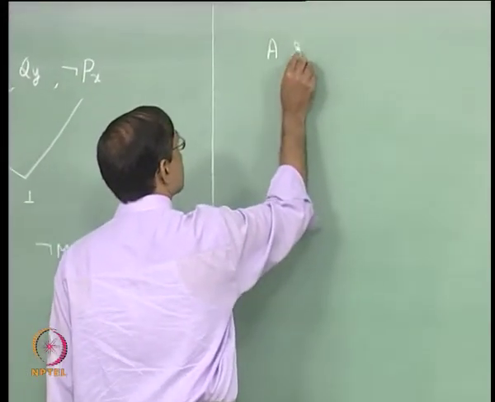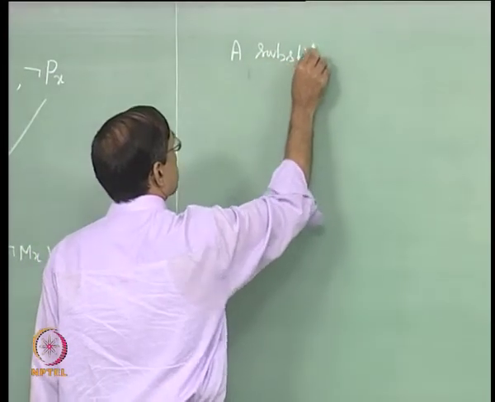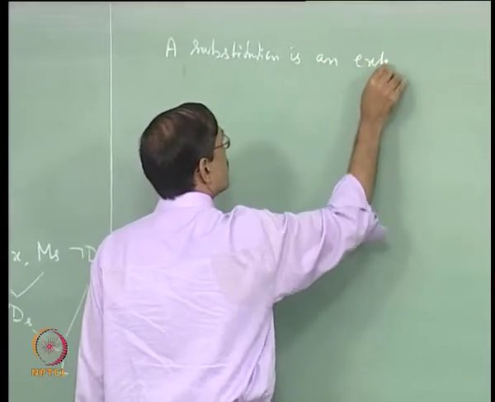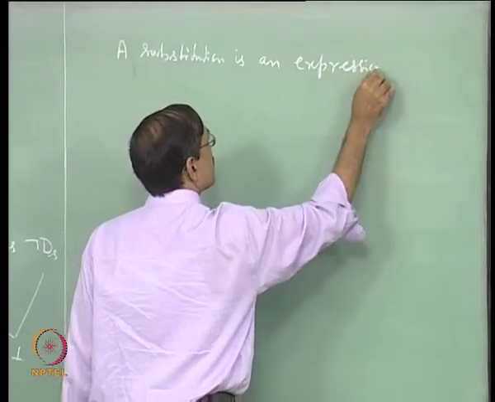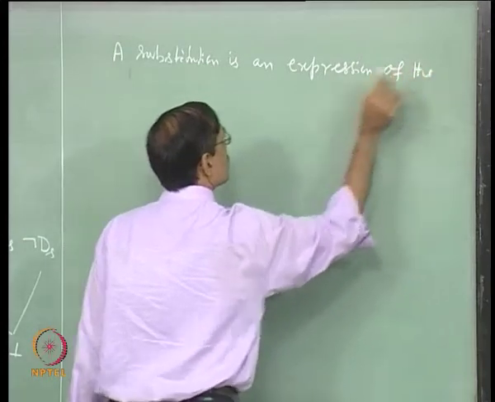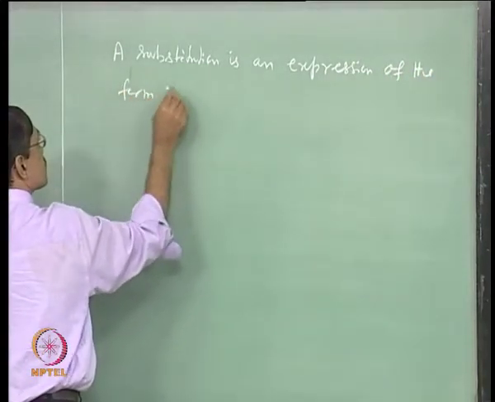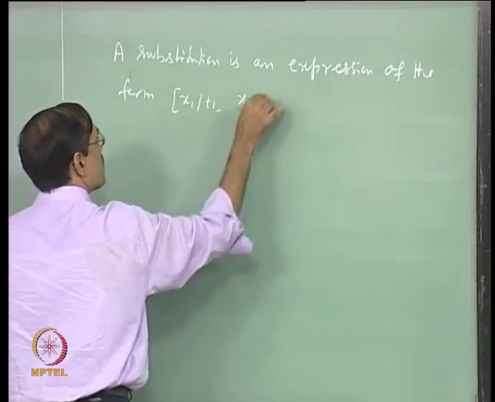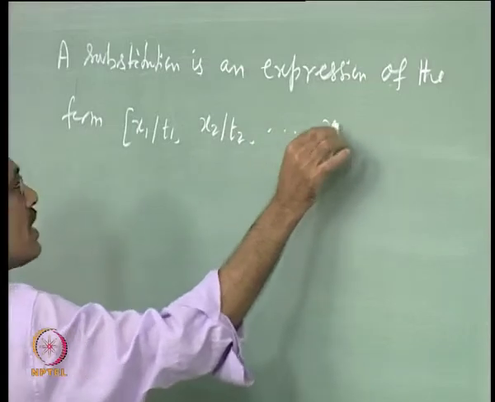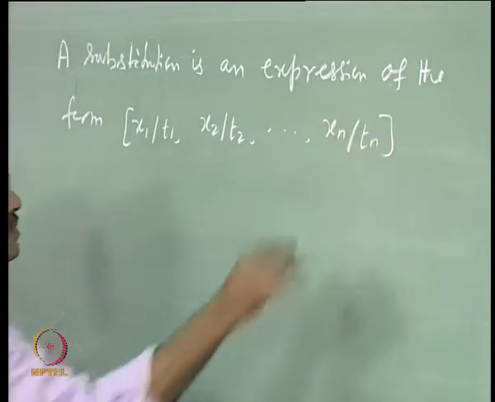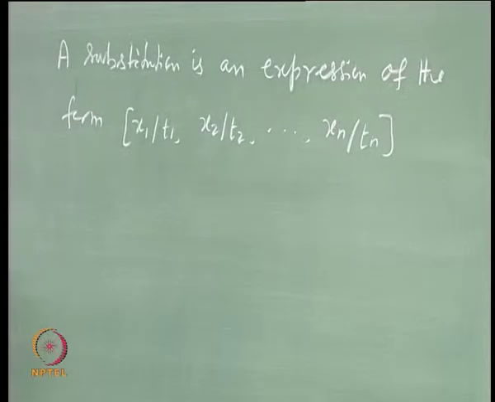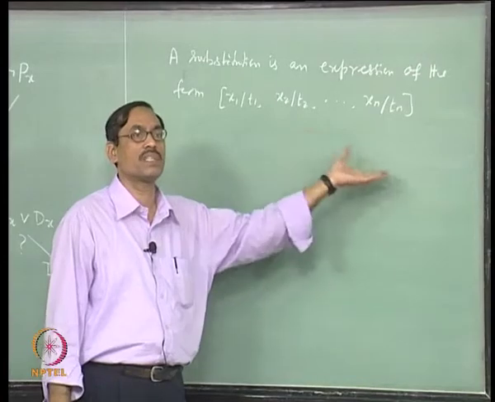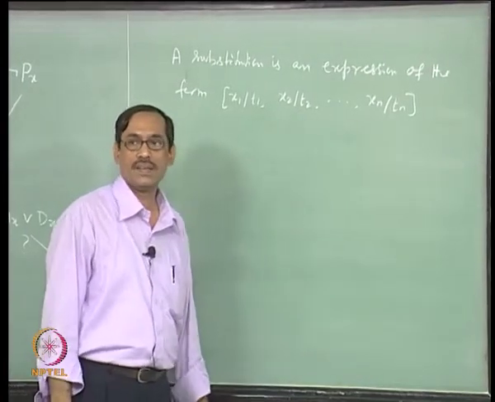So, we say that a substitution is an expression, it is really a set written in a different way of the form x1 by t1, x2 by t2, xn by tn, right. Simultaneously all these x1 to xn will be substituted by their corresponding terms t1 to tn, that is what we mean, fine.